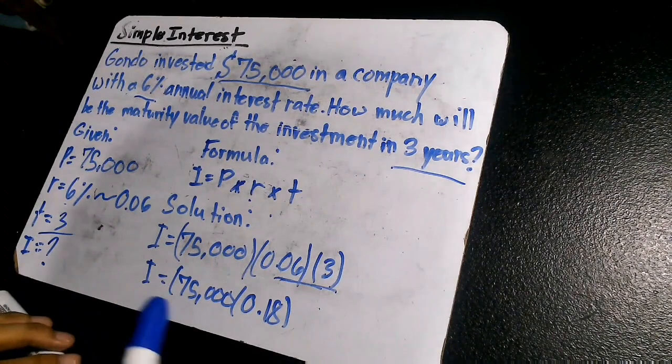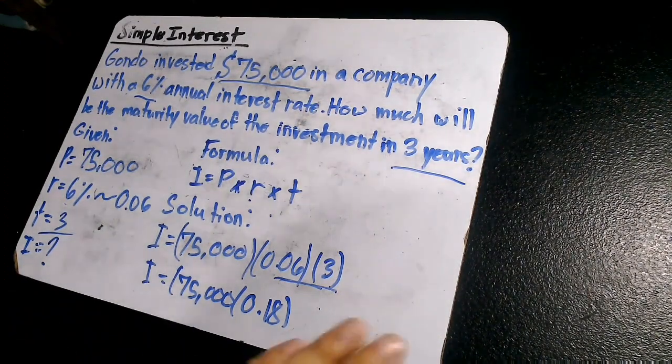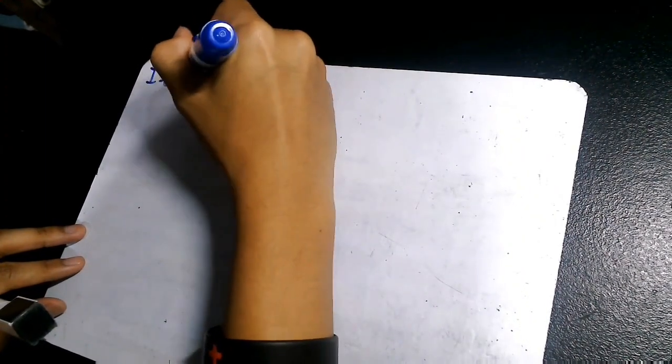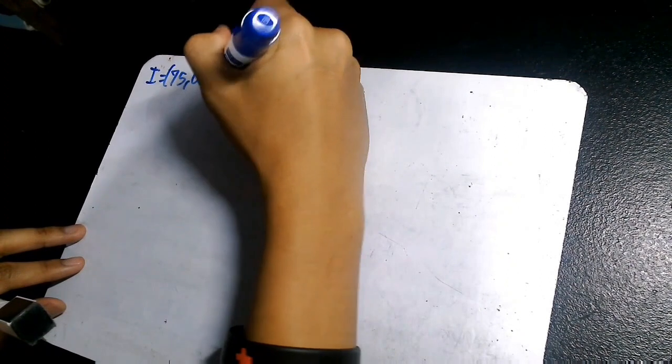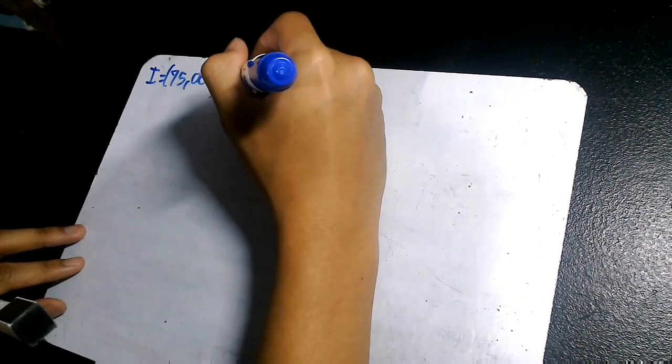Since we don't have enough space, let's go to the back. I is equal to 75,000 times 0.18.